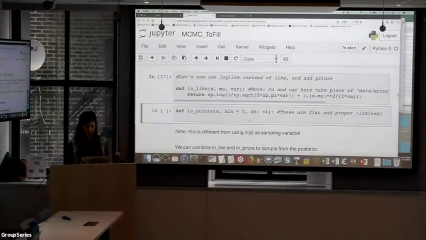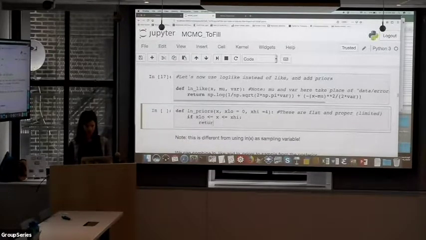So now what do I want to do here? Basically I want to say, for flat priors, if x is in between the low and high limit, what should this function return?